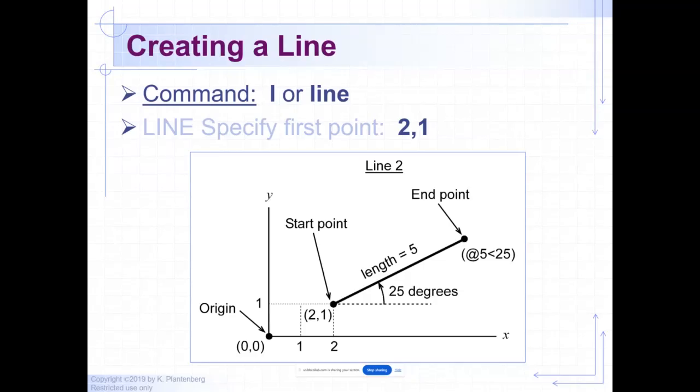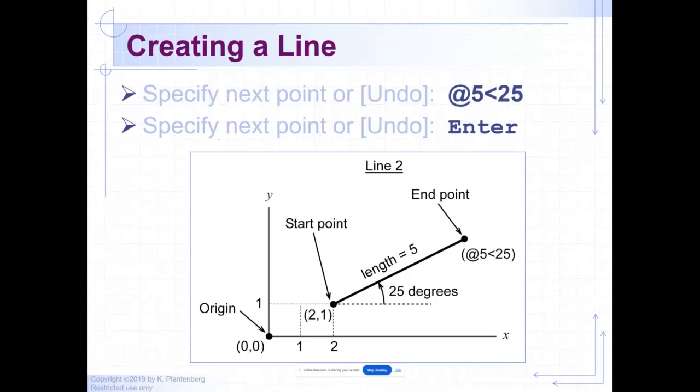The funny thing is it's not visible as a default, but I'll show you how you can figure that out. And then what they do here is they do @5<25. So from that point, it's 25 degrees going up towards the right, and the length is 5.